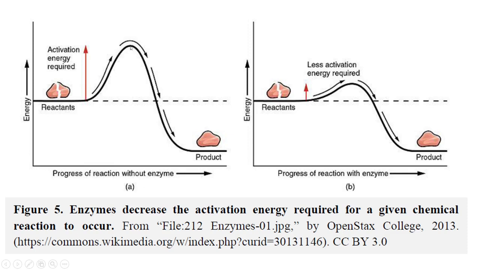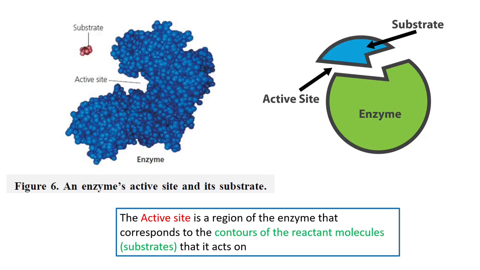If the activation energy is up here, the enzyme will lower the activation energy required so that it becomes faster and easier to overcome and easier to produce the products. And that is the basic idea of how enzymes are able to speed up chemical reactions.